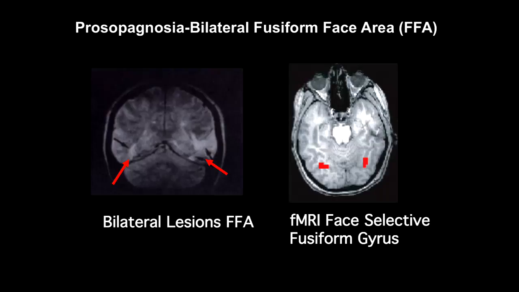For comparison, this slice is about through here, and you can see where a normal person would show activation. Of course, if you put a person with these lesions in a scanner, there'd be no activation because there's no face area to activate.